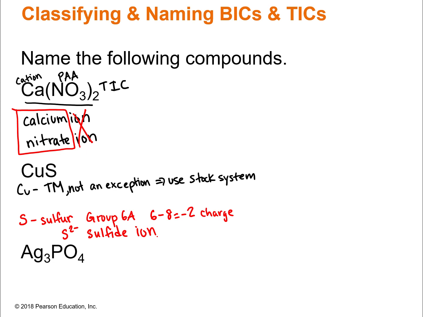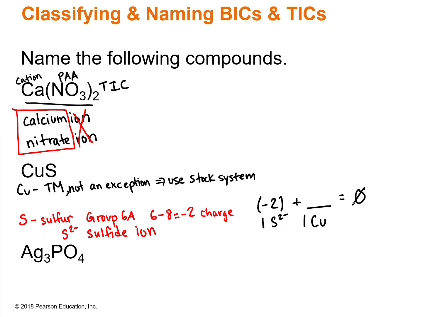Okay. That's where we are now. I know that my sulfide is -2. So if I had one sulfide ion, it would be -2. I need to have some copper, and I've only got one copper ion in this formula.